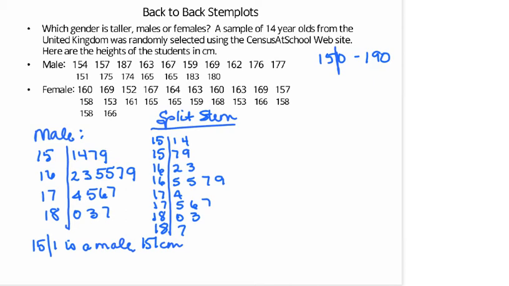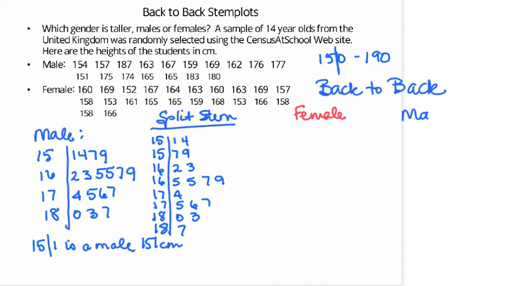Now, in addition to doing a split stem like this, we can also do a back-to-back stem plot. So I'm going to do a back-to-back up here and use both the male and the female. Here's our back-to-back stem plot. These are handy when you want to look at comparisons. I'm going to put the females over here and the males over here.